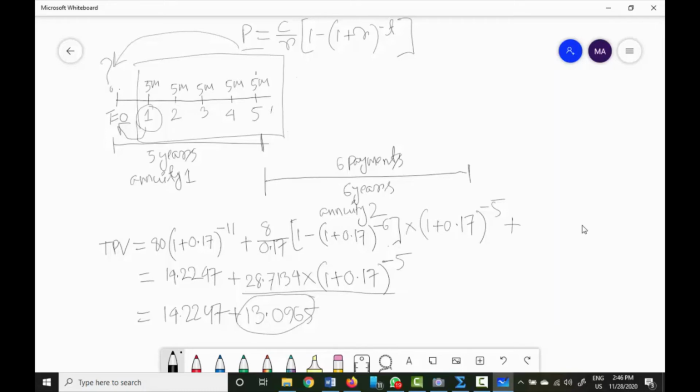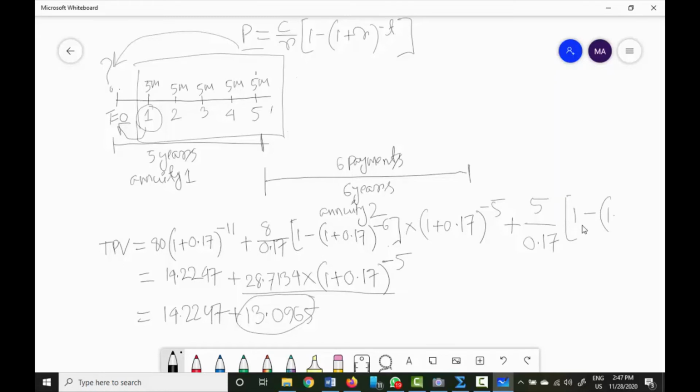Which means now we will deal with annuity 1. In annuity 1, 5 million taka is the installment or payment amount. So 5 million is the C for annuity 1, and the cost of capital or required return R is 0.17.